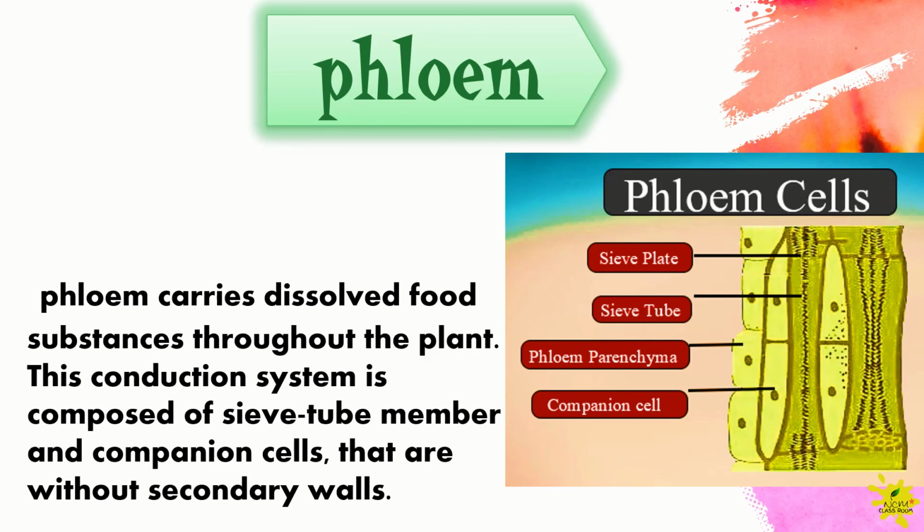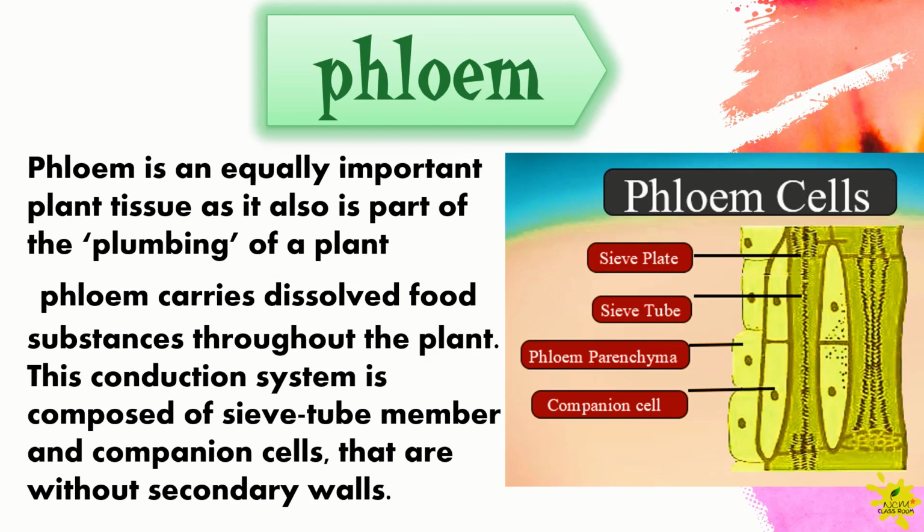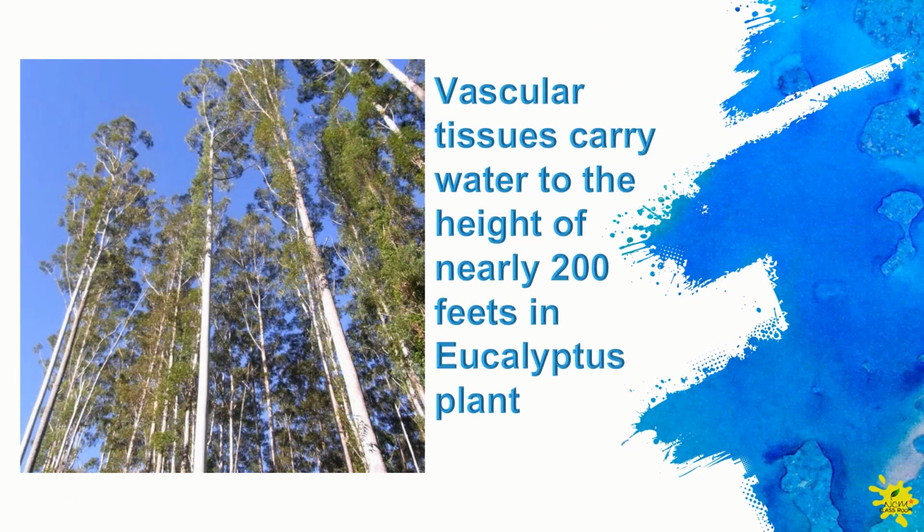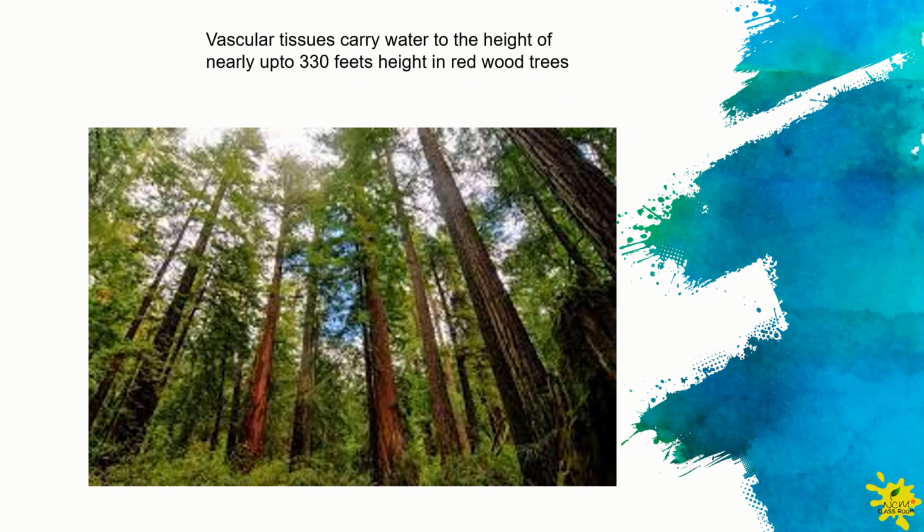As we studied about the xylem, the phloem carries out the same function as a plumbing part of the plant. Vascular tissues carry water to the height of nearly 200 feet in eucalyptus plants. Vascular tissues also carry water to the height of nearly 330 feet in redwood trees.